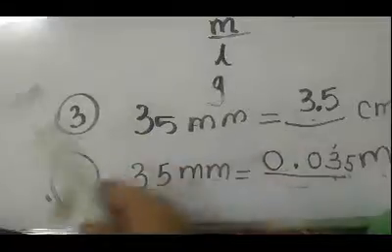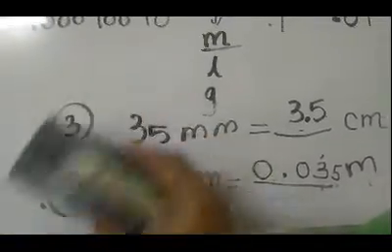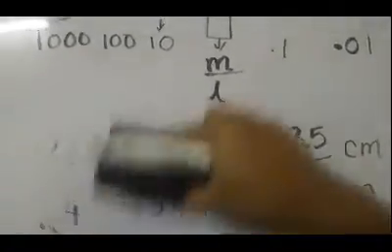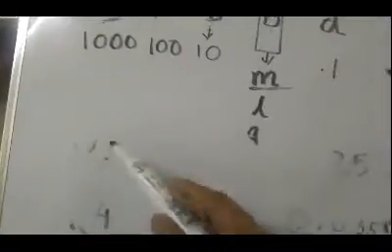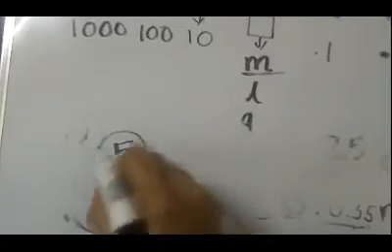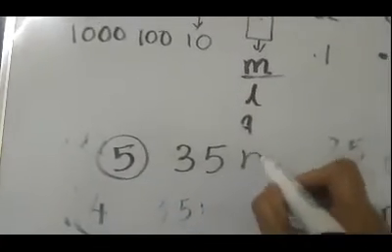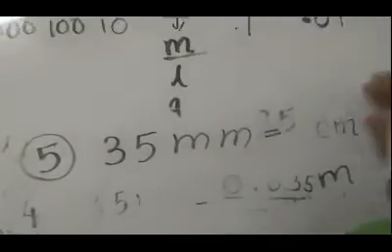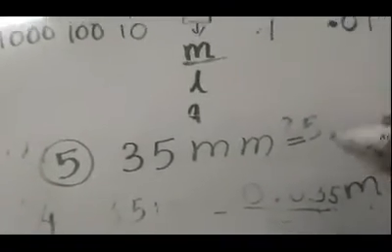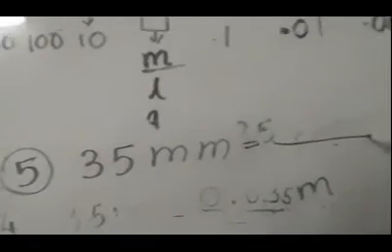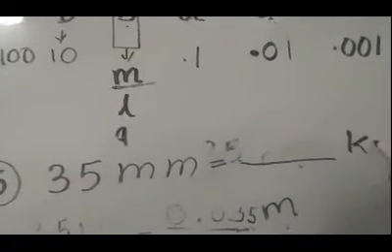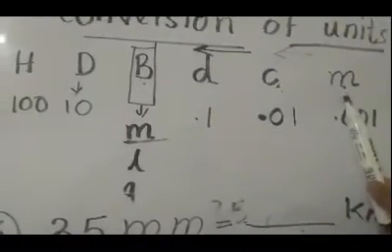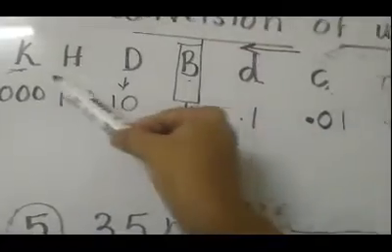Again, I am going to show you one more example. Suppose I want to change 35 millimeter into kilometer. Again, I check. This is millimeter. Then kilometer is here.